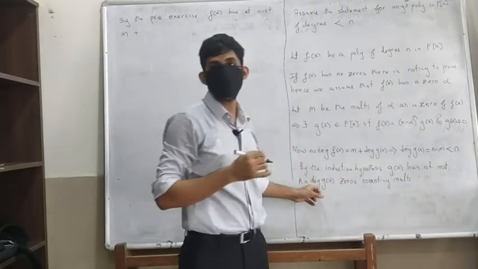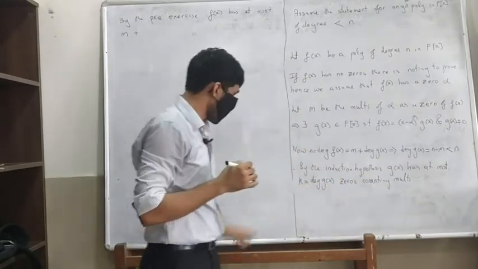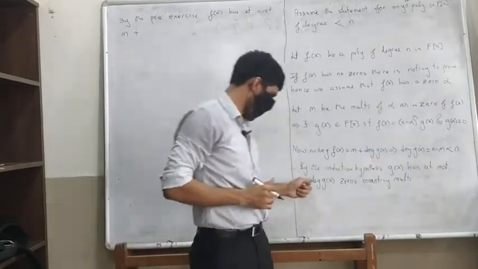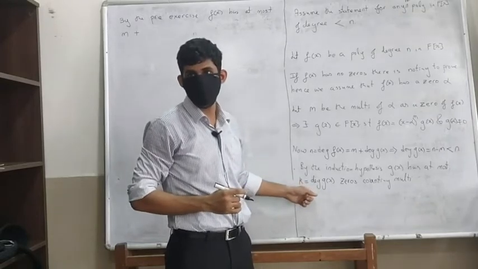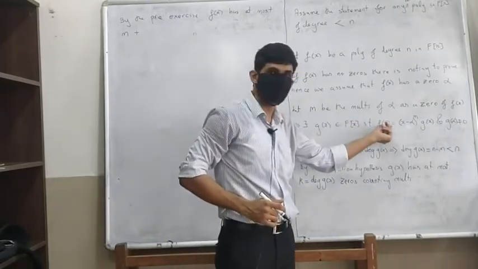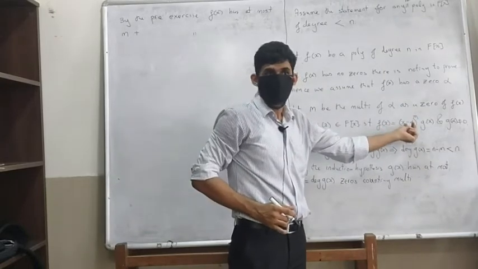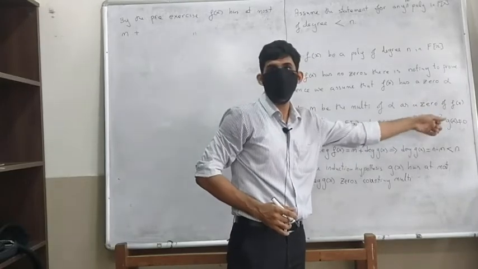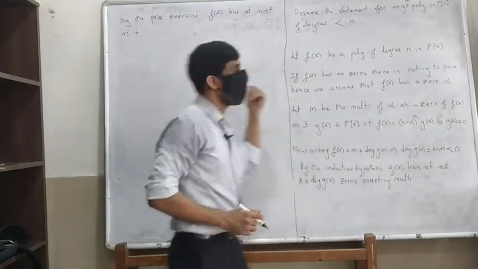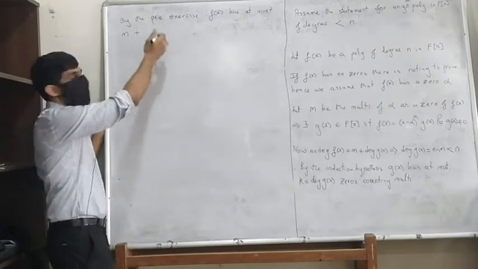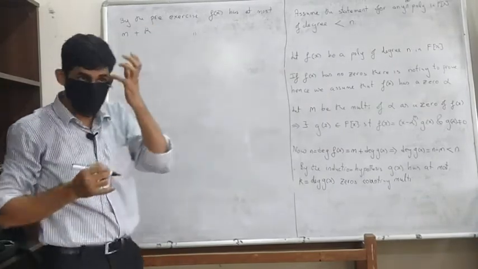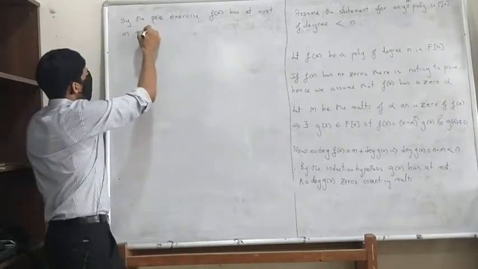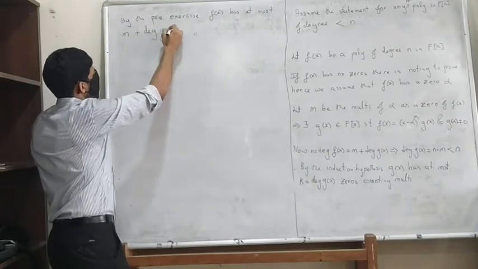This one has at most its degree number of zeros. By the previous theorem, the zeros of f is going to be m plus the zeros of g, but the upper limit of this is k, so the upper limit will be m plus k, or we can simply write m plus the degree of g of x.